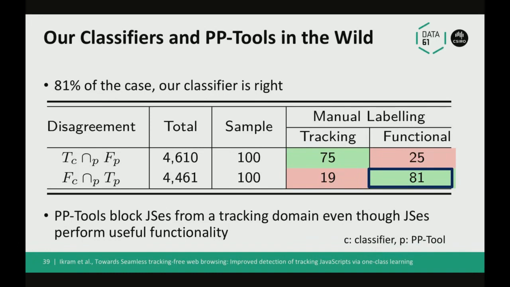The reason the privacy preserving tools were not right is that they blocked JavaScripts from tracking domains, even though some of those JavaScripts perform useful functionality. So, stressing again, in both cases the performance of our classifier is extremely high when we consider disagreement with all privacy preserving tools.